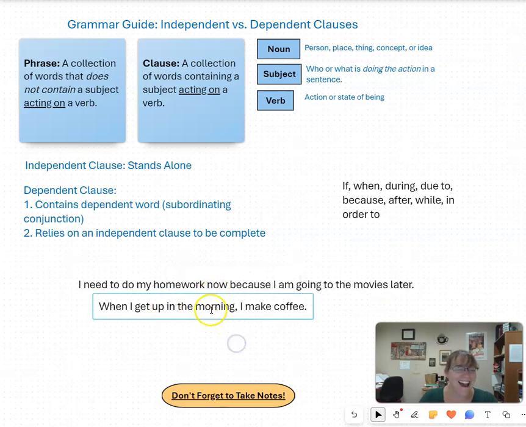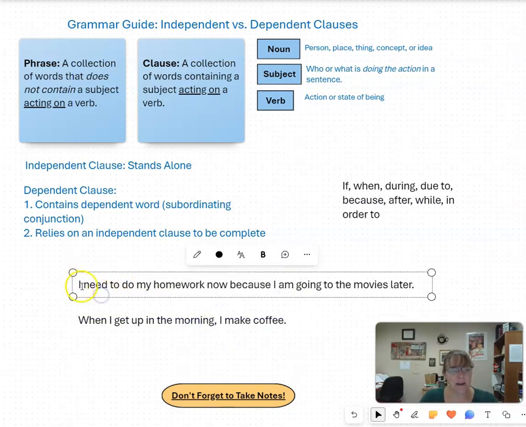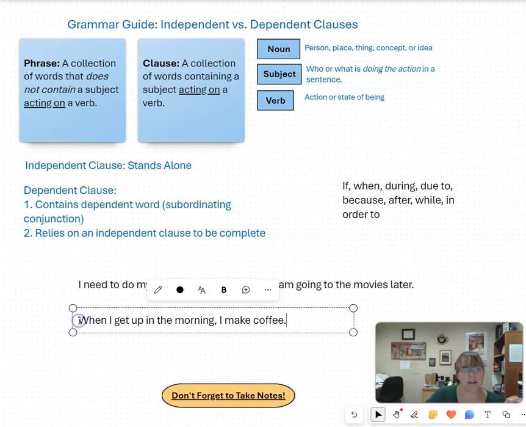Okay, so in this case, the independent clause comes first, and we have the dependent clause following it. Don't worry about this punctuation right now. We're going to talk about that very soon, but not right this minute. In this case, the dependent clause, when this happens, okay? In this case, our dependent clause is coming first.